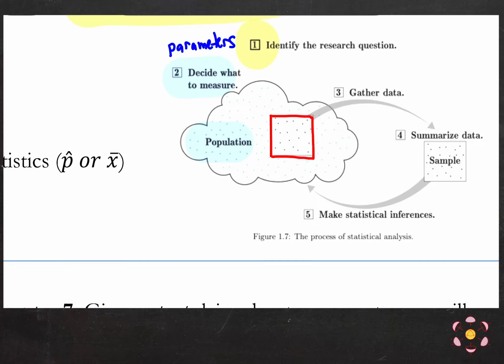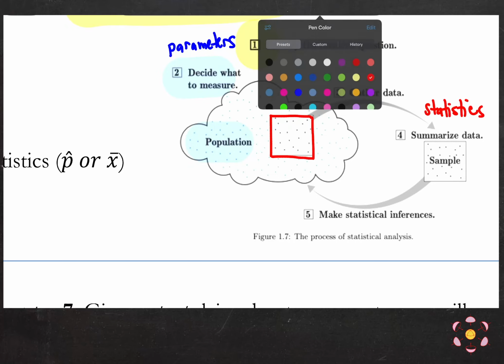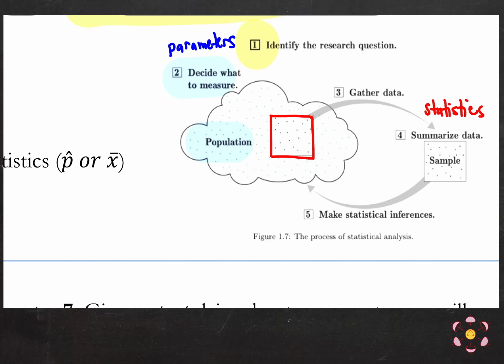So we look at a sample here, gather data, and once we've got the sample, we start computing statistics. Remember, parameters are the things we're trying to measure from the population, and statistics are the things that we measure from our sample.